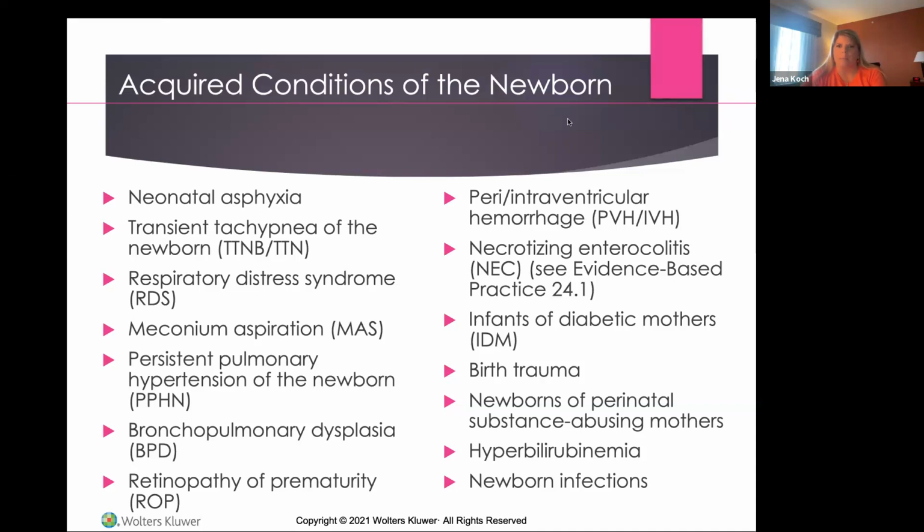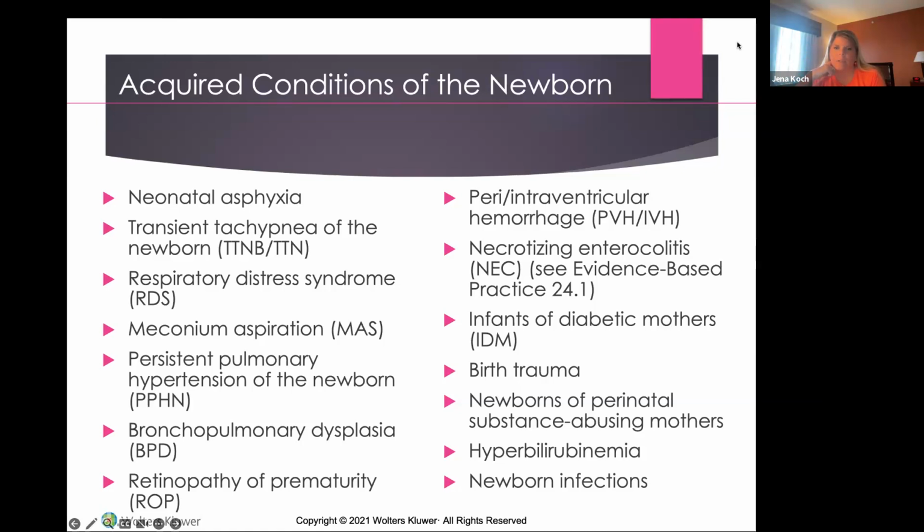So typically you're being on the lookout for those NICU babies that are getting the oxygen therapy, because oxygen, if it's not titrated correctly, can cause damage to the blood vessels in the eye. The peri-intraventricular hemorrhage or PVH, IVH, again, your premature infants to where you're worried about bleeding on the brain, okay?